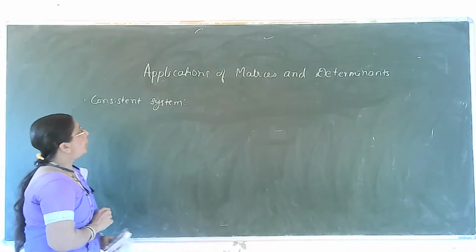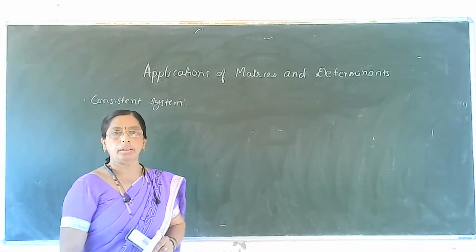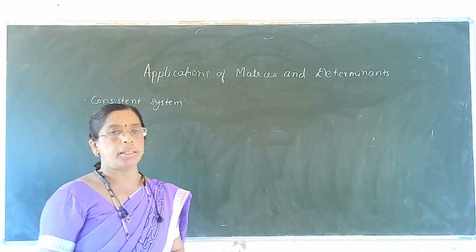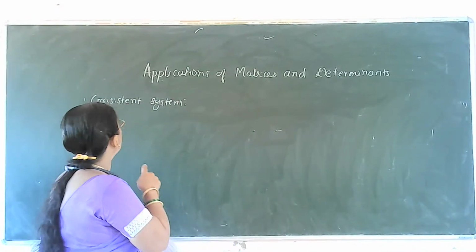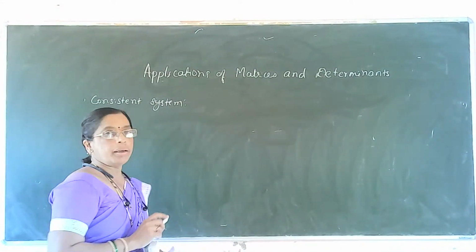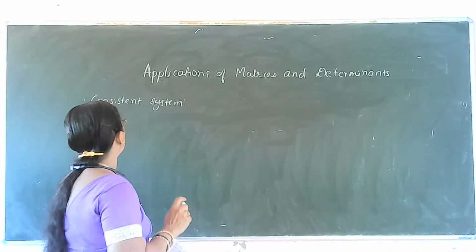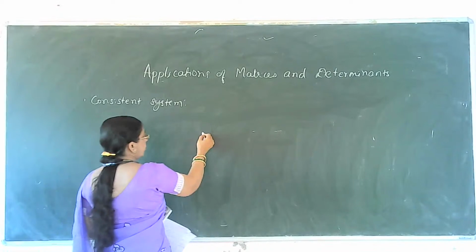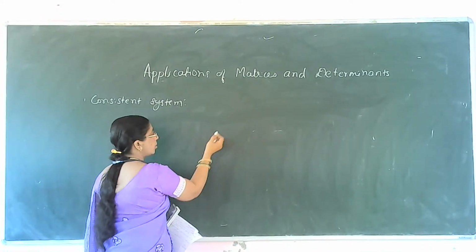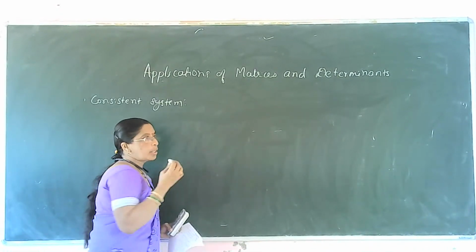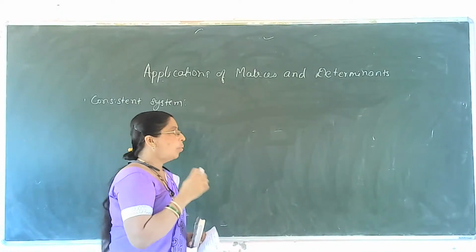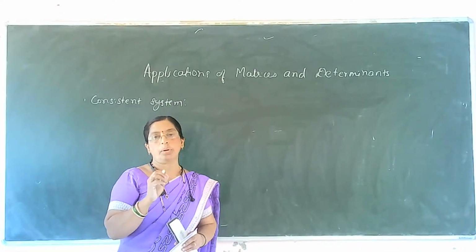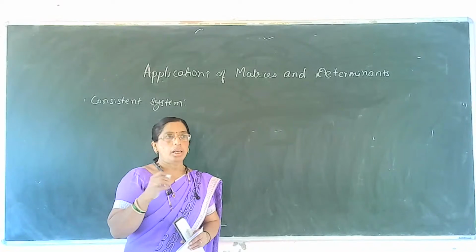Here we solve the linear equations by using matrices and determinants. If a system has two variables, we have to give two equations.